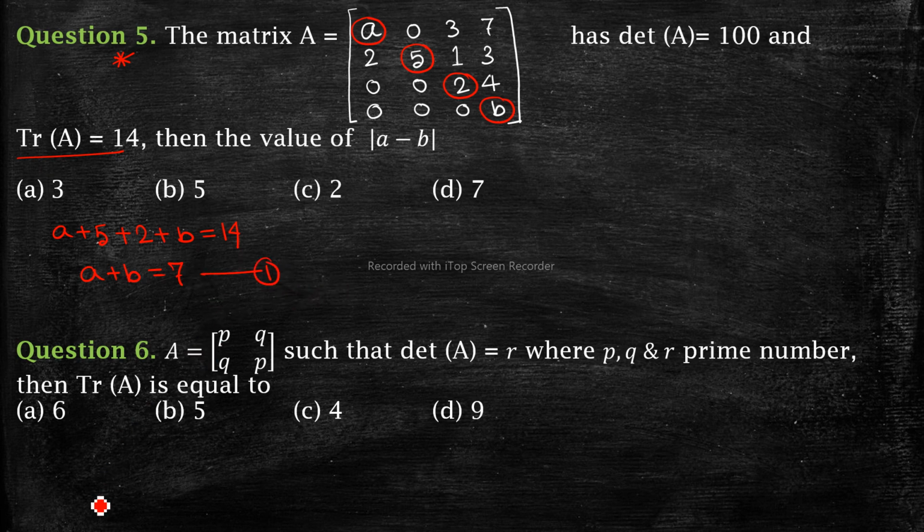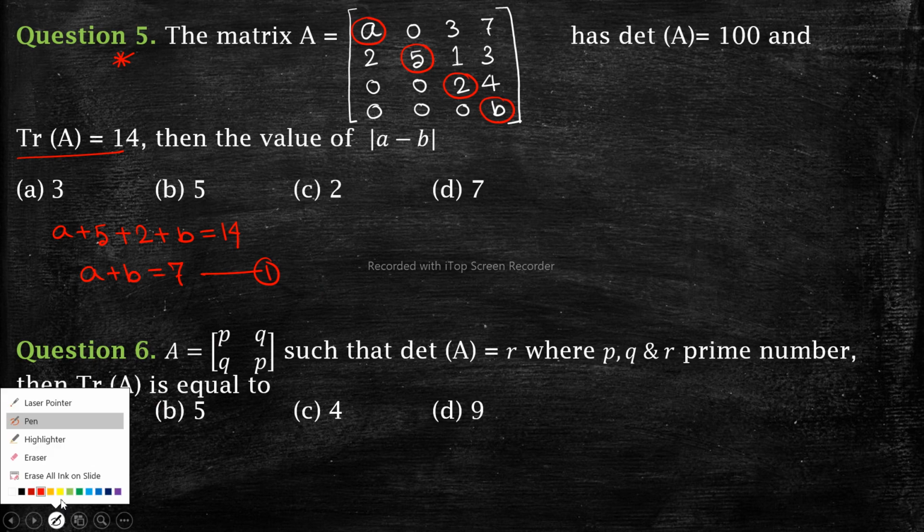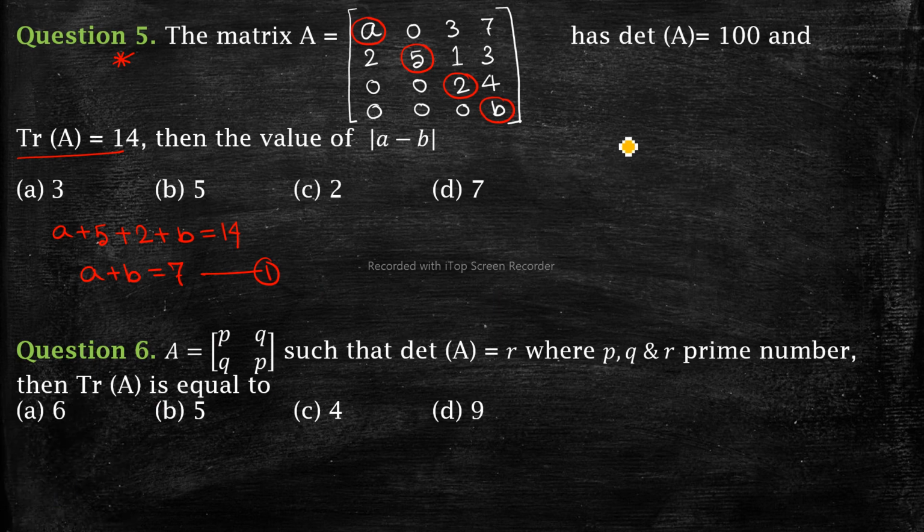Now if we are looking for determinant of A, determinant of A is given 100. So determinant of A is equal to 100. That means with respect to A we will get these 3 points now.